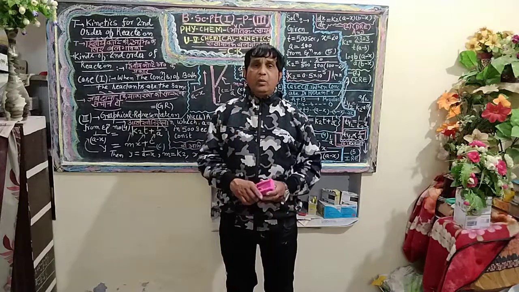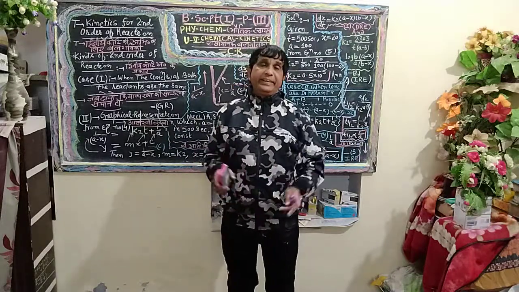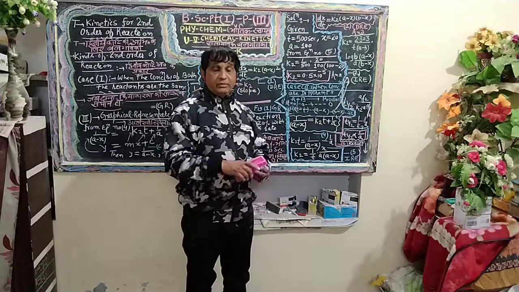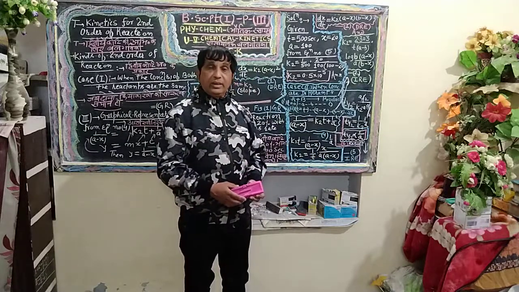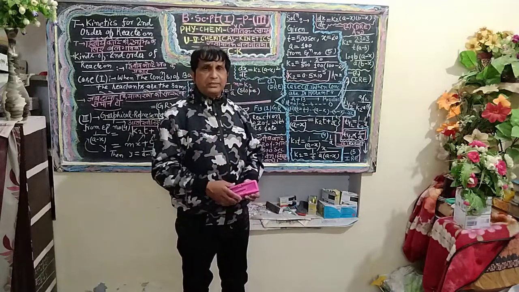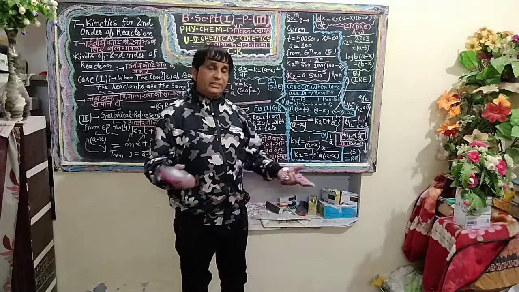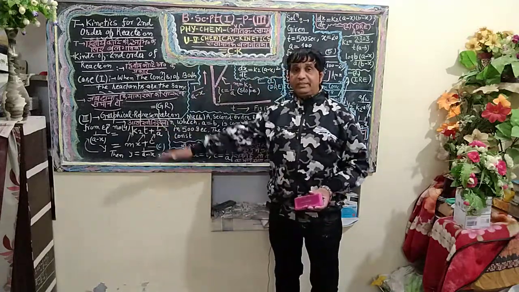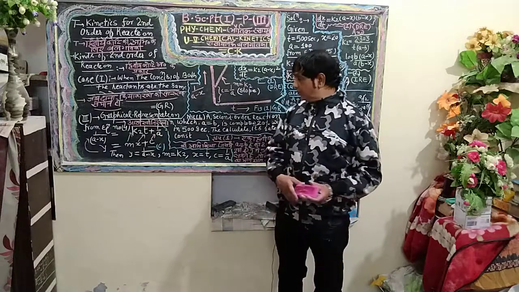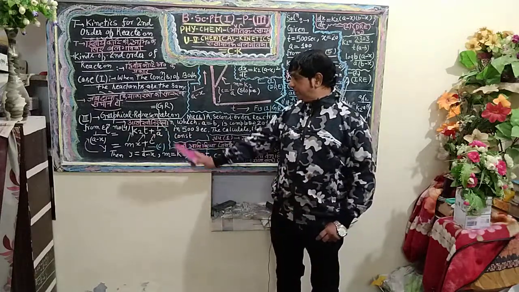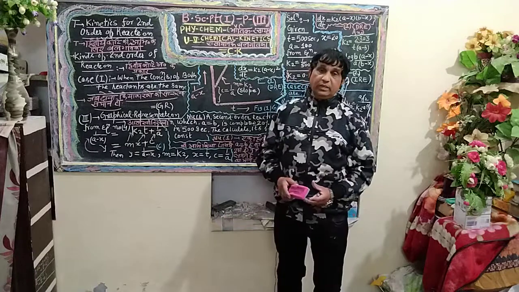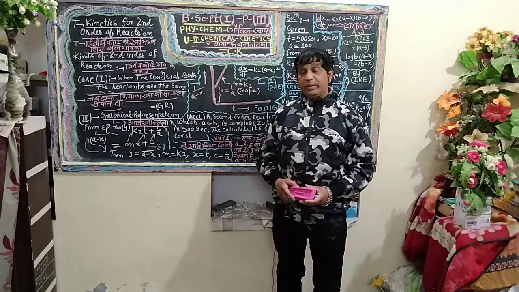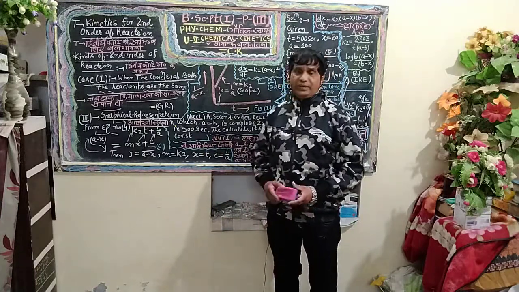Once again, when we compare the integral rate equation of a second order reaction with the standard straight line equation y is equal to mx plus c, after the separation of these quantities, y is equal to 1 upon a minus x, c is the intercept 1 upon a, and x is equal to t.